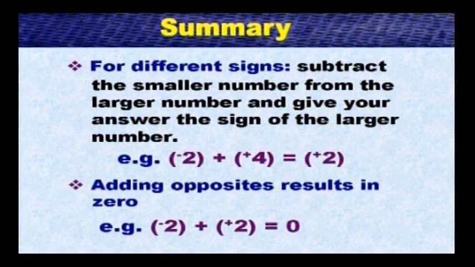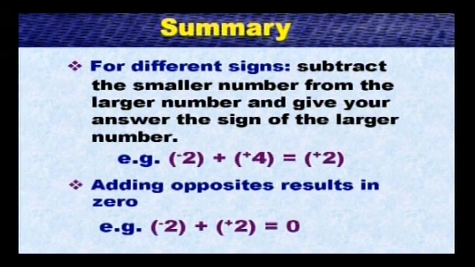Now students, we will go to our summary note. For different signs, you subtract the smaller number from the larger number and give your answer the sign of the larger number. That is when you are using the rule. For example, we have an example there.